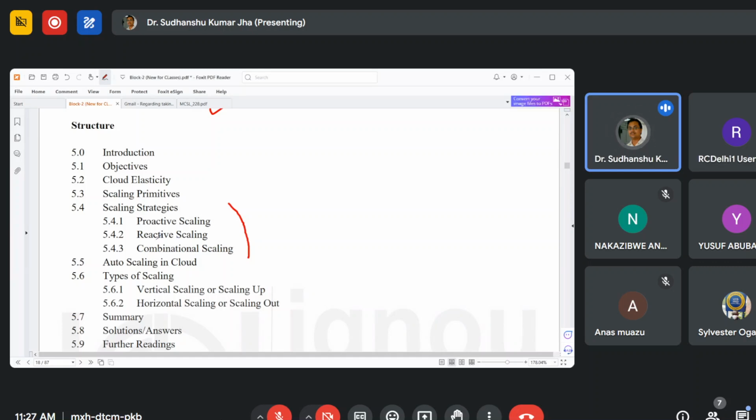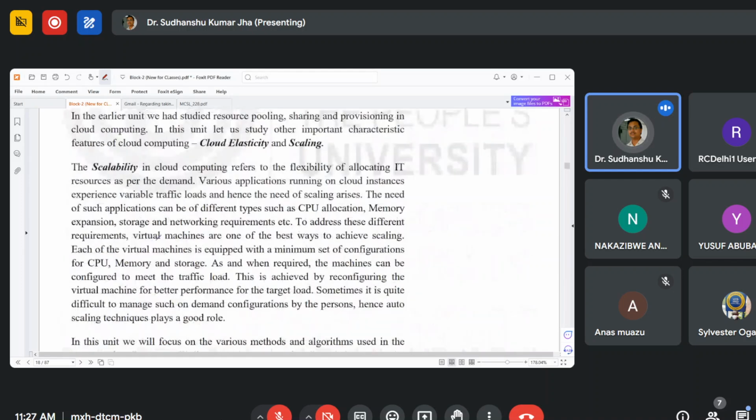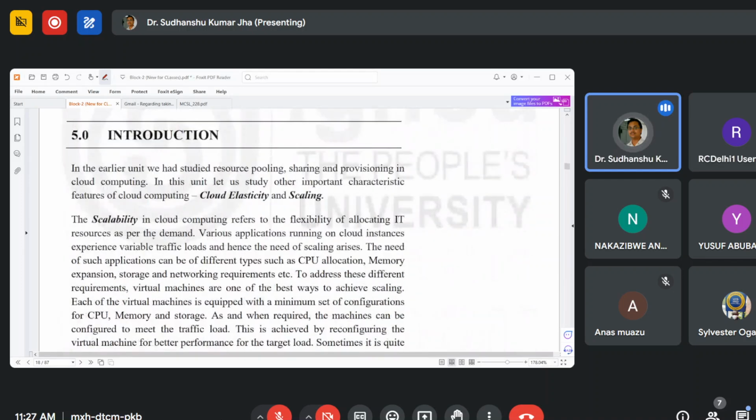So now come to the scaling. Scaling is how much needs to be scaled. Provisioning tells us that I need some more resources. So my program is running, my instruction or the task is running, and suddenly the task tells that I need more resources, I need more resources. But how much should be allocated? That is another question.